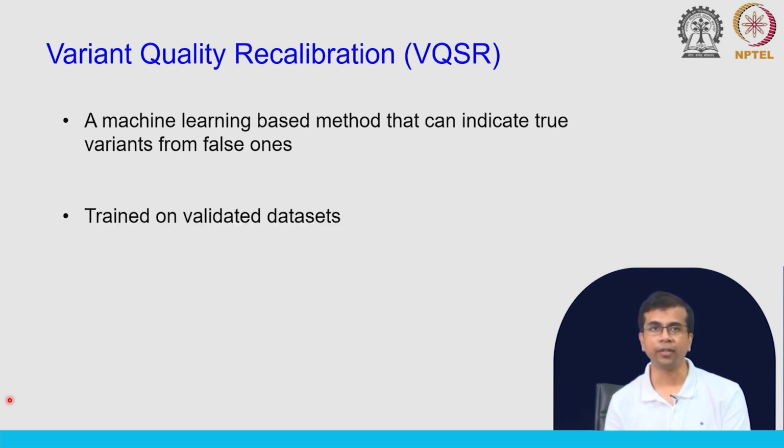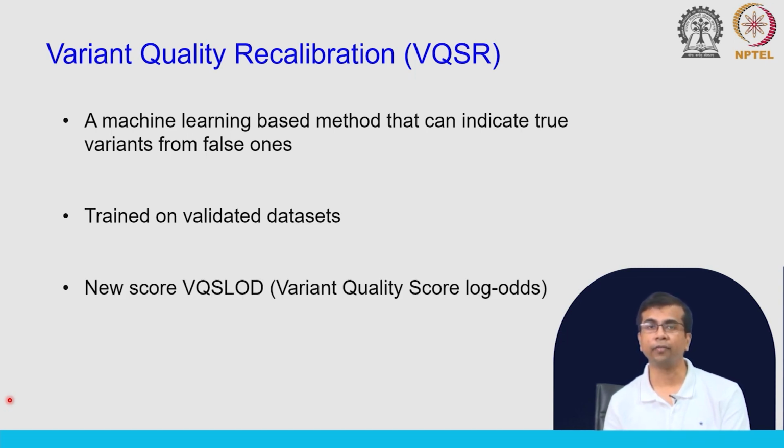What happens is that this model is trained on validated data sets and it can identify certain features of those variants. Again, without going into too much detail, it can identify certain features of these variants in these validated data sets and, using those features, it can define a new score, called VQSLOD.